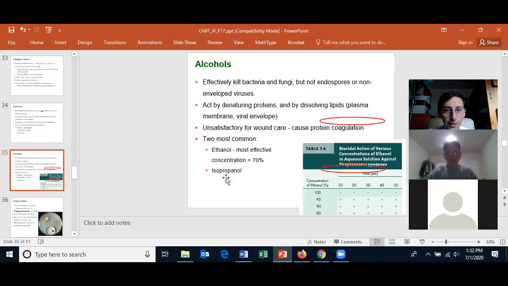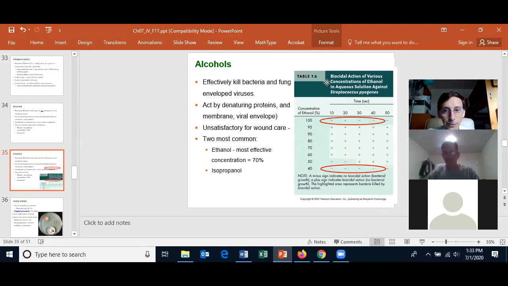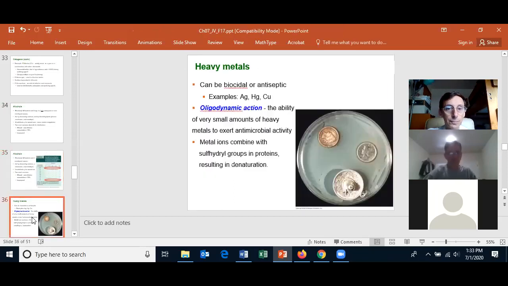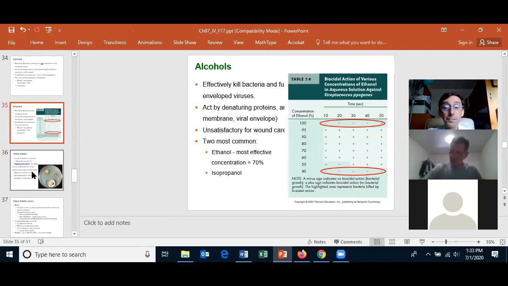I've already talked about this, haven't I? Causes protein coagulation. All right. That's why that slide has it. I've already given it. Let me put that back. About right there. All right. Any question about alcohols?